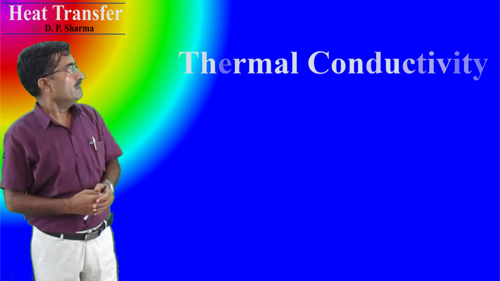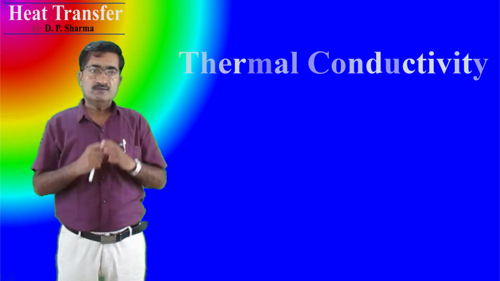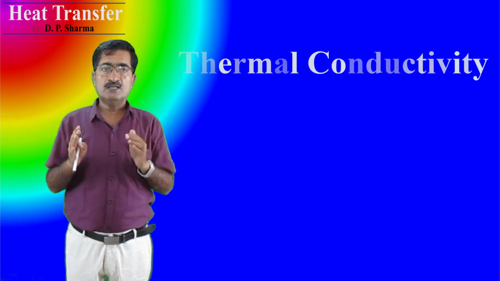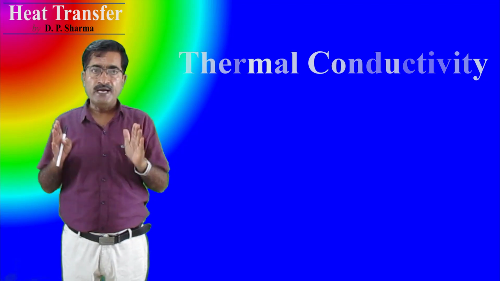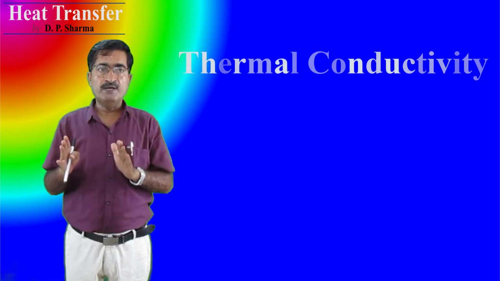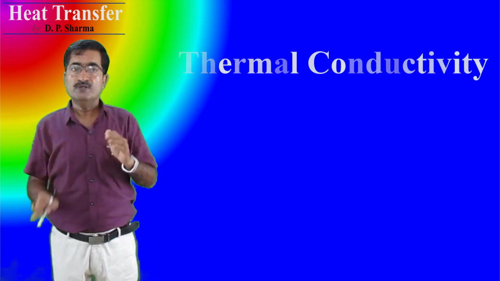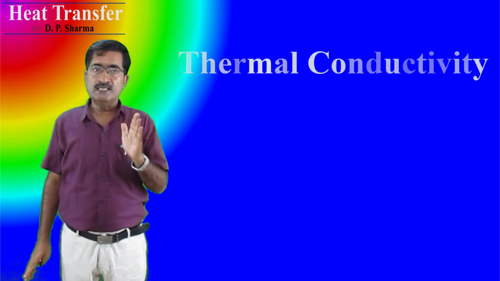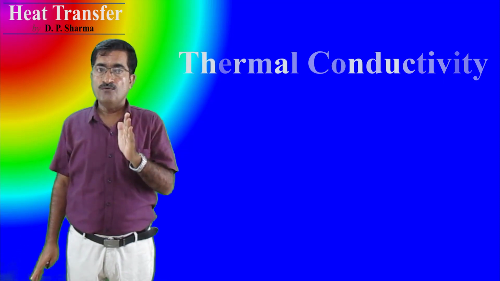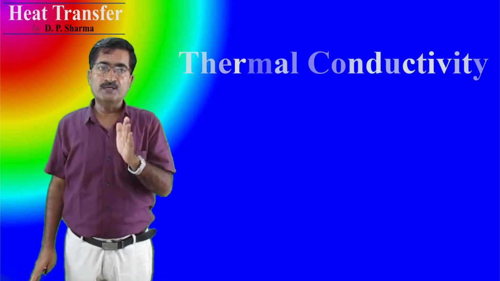Now, thermal conductivity. Thermal conductivity is the property of material and is defined as the ability of material to conduct the heat through it. Thermal conductivity of material is a measure of how fast heat will flow in material.